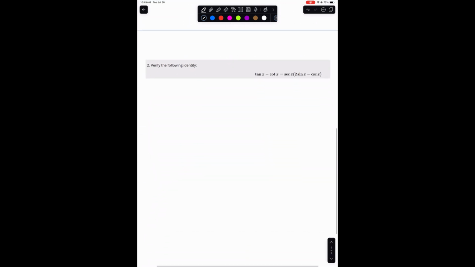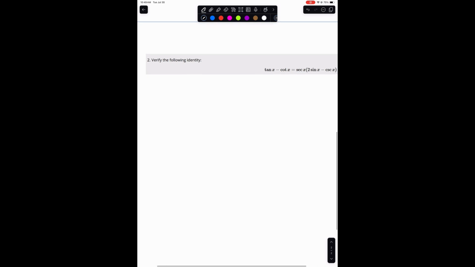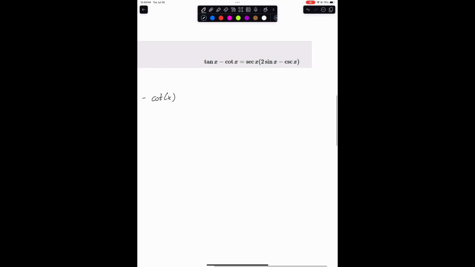For the second identity, or the second equation, I am once again going to write out my left side. So tangent of x minus cotangent of x. And we note here that I have cosecant present, which is 1 over sine of x. My secant of x is 1 over cosine of x.